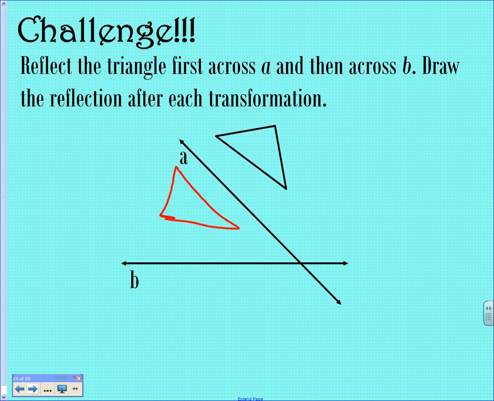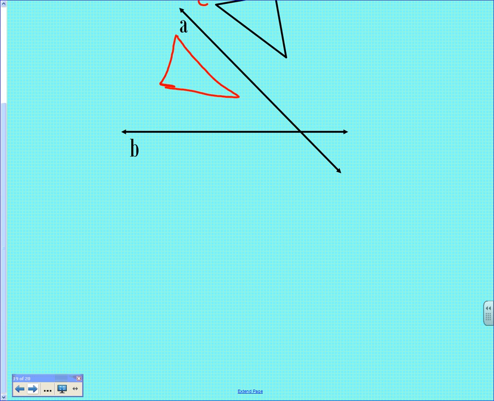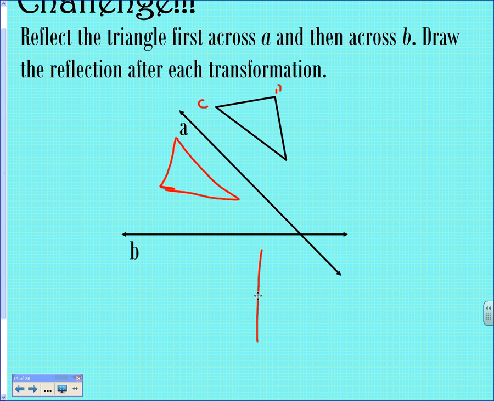There aren't any labels, so you don't have to do any tick marks. You don't have to label it. So now I've got to go across B. Okay. Not quite. You reflected the first one pretty well.